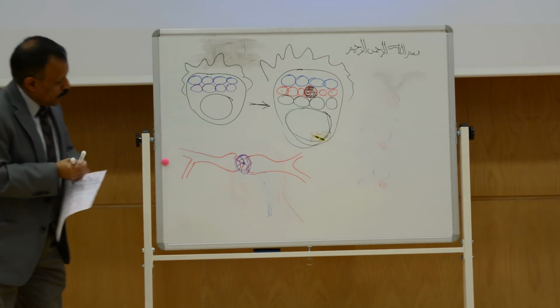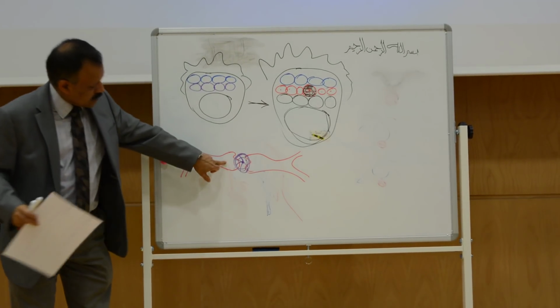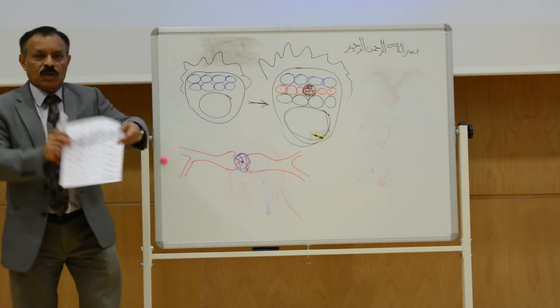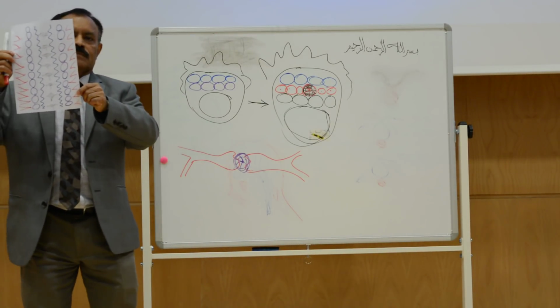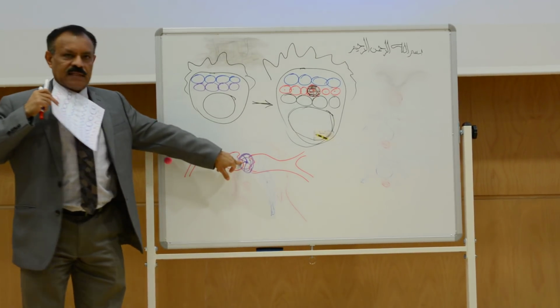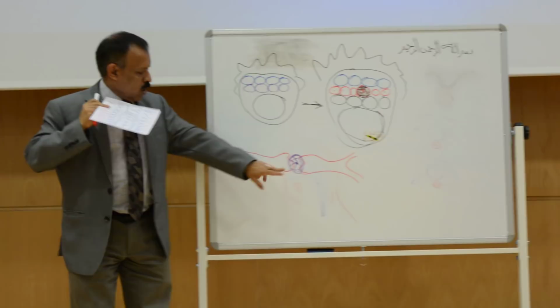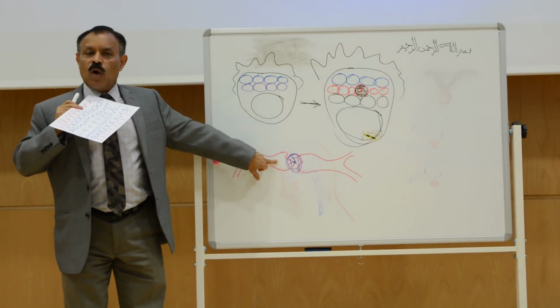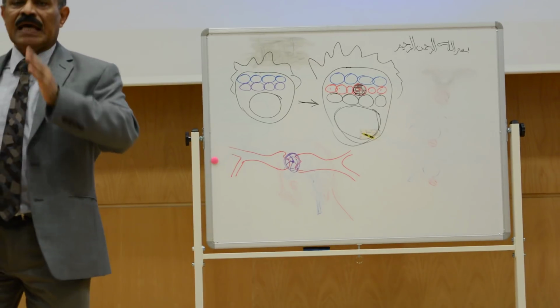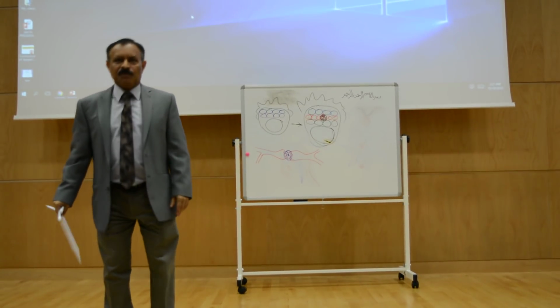Now remember, you are looking at it this way, but if I show you, it looks like this, three parts. But when you see it like this, it is one.